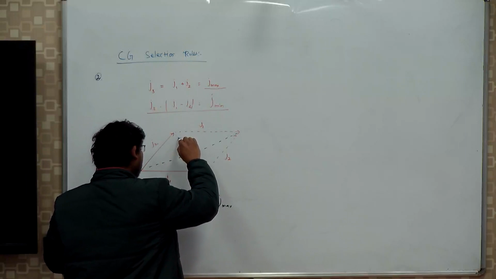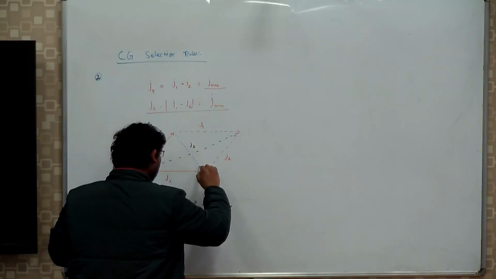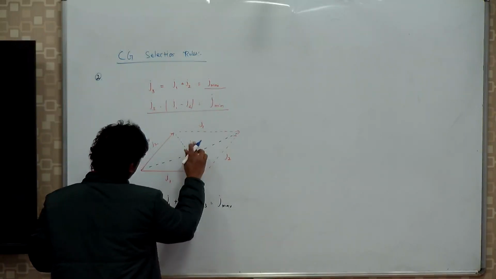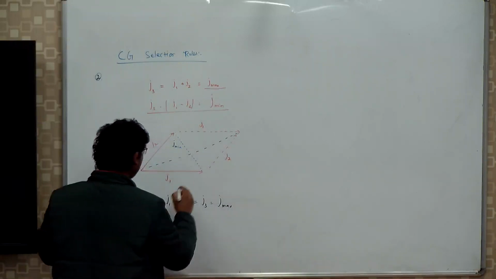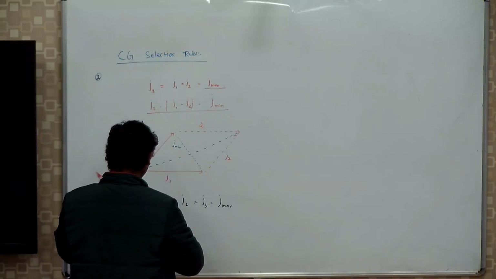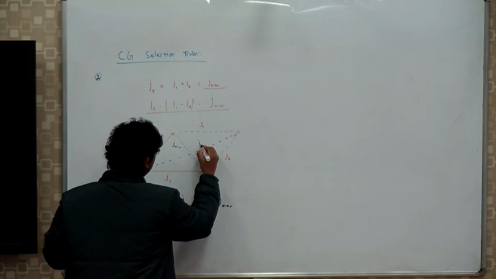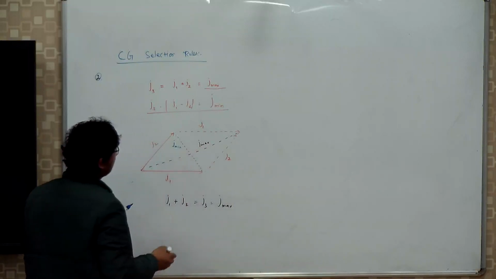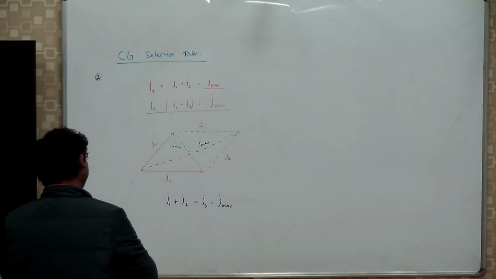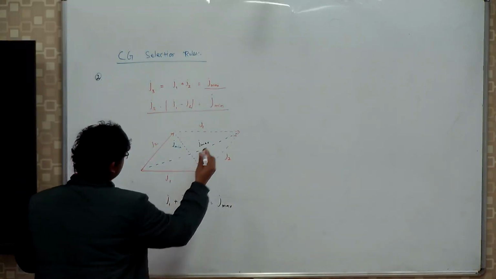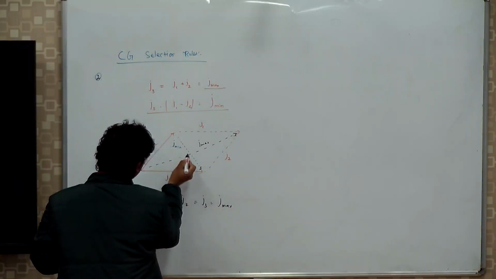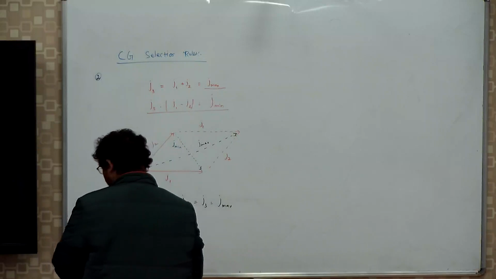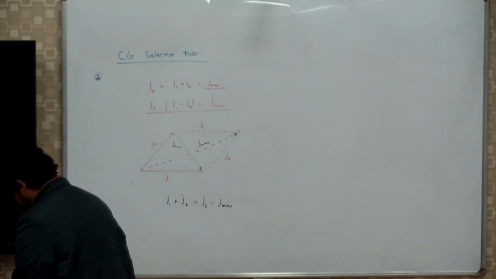This diagonal will give you J minimum, and this diagonal will give you J maximum. Either you can write it like this, or the vector may be moving upward, it doesn't matter.